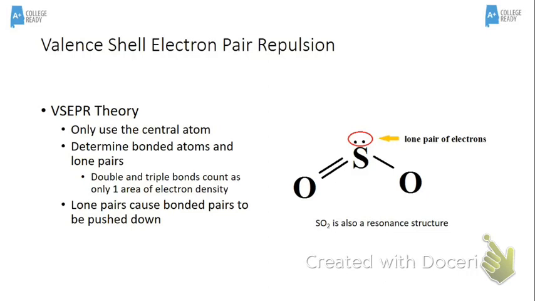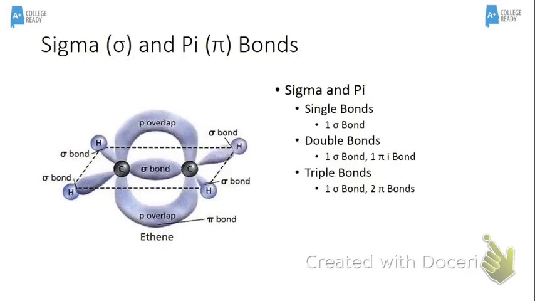Each bond, regardless of whether it's a single, double, or triple, counts as one area of electron density, one electron domain. So when we add a lone pair to the top of our atom, it causes those bonding domains to be pushed a little bit further down, which causes the geometry to change.